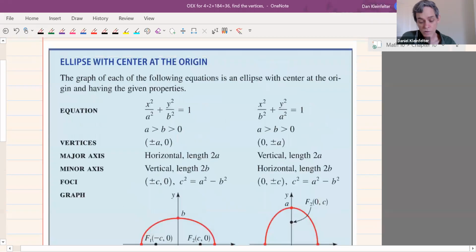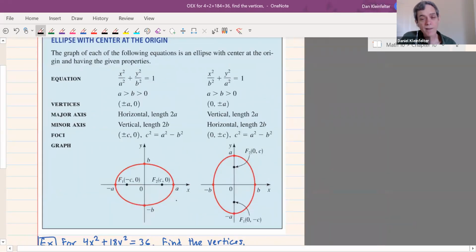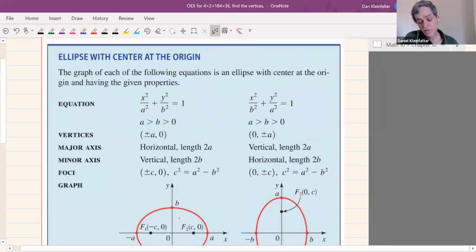Remember that the picture on the left is the wide one, the picture on the right is the tall one. The equation for each is x squared over a squared plus y squared over b squared equals 1, or x squared over b squared plus y squared over a squared equals 1.